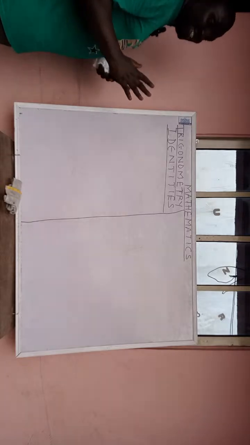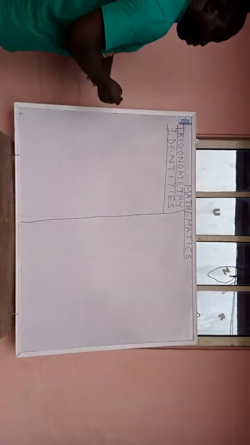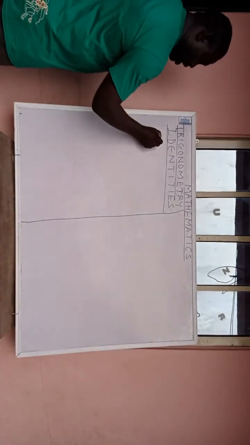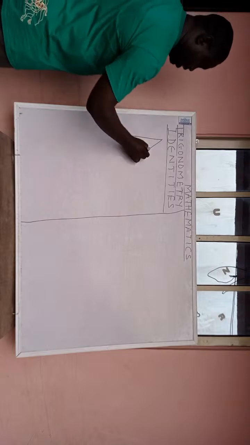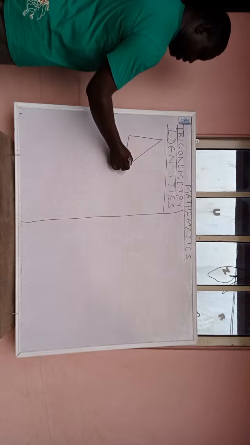The first thing I like to do very quickly as I introduce you to this topic is to derive some basic formula that you need to know. So I'll start by doing this.